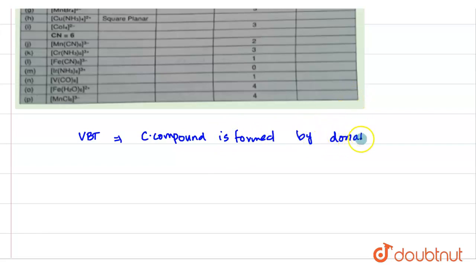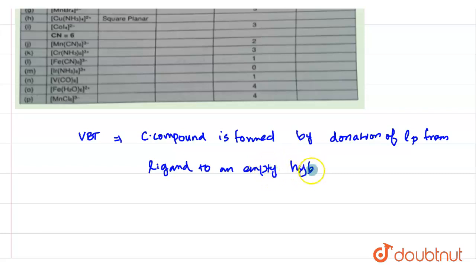VBT tells that a coordination compound is formed by donation of lone pair from the ligand to an empty hybridized orbital of the metal.